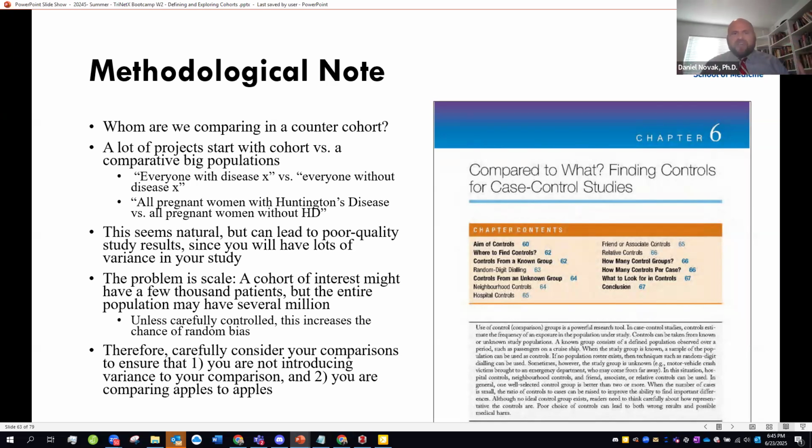More is not always better. You want to make sure you have the right people that you're comparing. And when you do that, you have to really think about, in my case control or in my cohort study, who am I really comparing, who am I looking at, and how do they form or don't form a good contrast for the outcome that I'm looking at and the question that I'm asking.